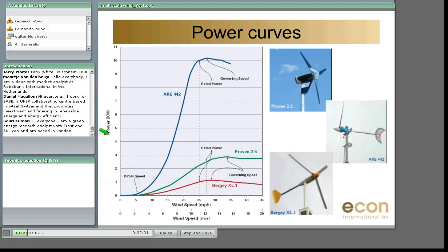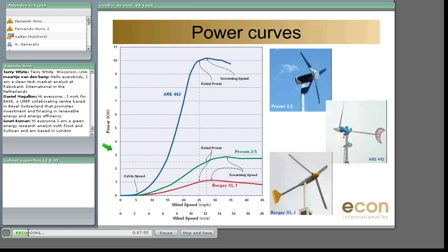And on the vertical axis I've added the power output. The power output depends on the wind speed, as you can see in these graphs. The blue one is for the 10 kilowatt machine, the green one is the 2.5 kilowatt machine, and the red one is the 1 kilowatt machine.